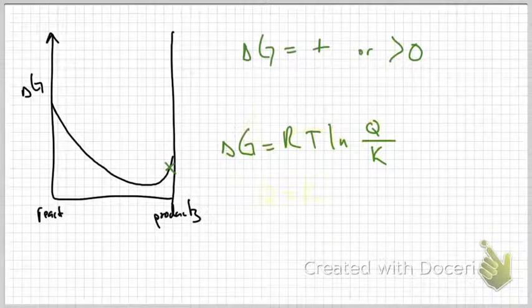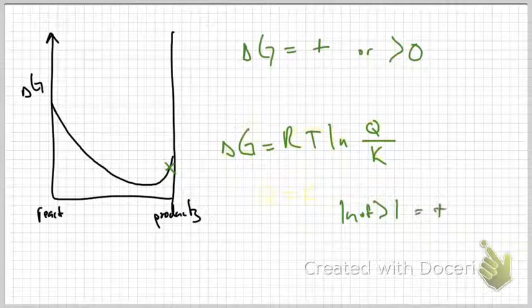If we take the natural log of a number bigger than 1, is it positive or negative? It's positive. So anytime Q is bigger than K, ln of that number is going to be positive. R is a constant, a positive value. Temperature is in Kelvin, always positive. Delta G is going to be what sign?